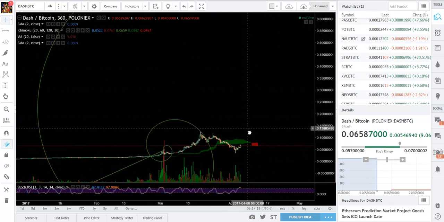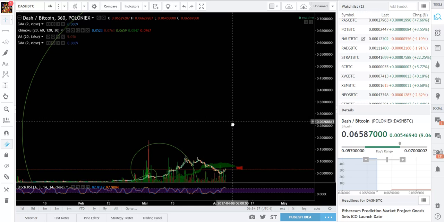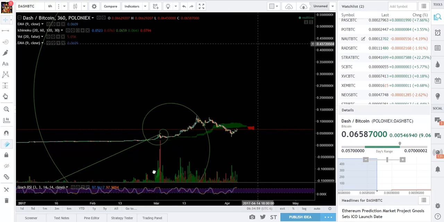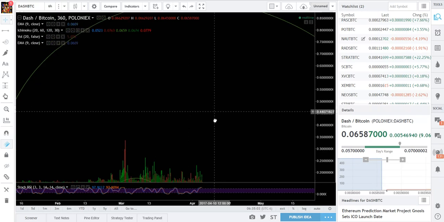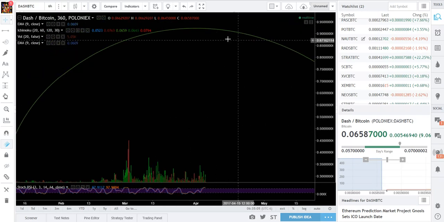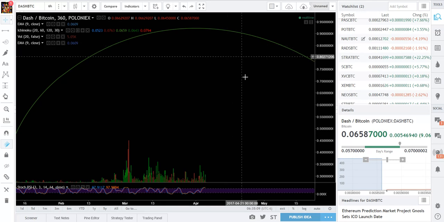Meaning that at some point in time, from this emotional move that happened here, it's very well possible for this to grow all the way up into here.